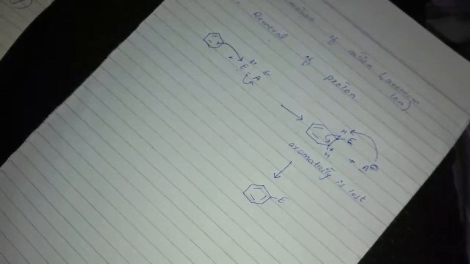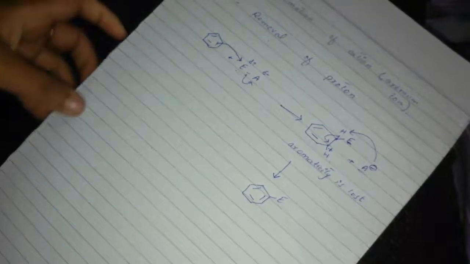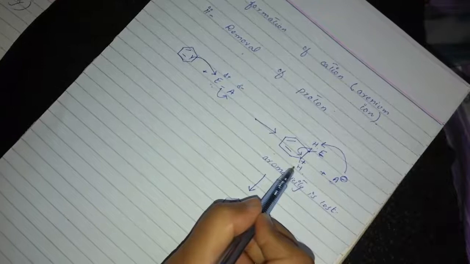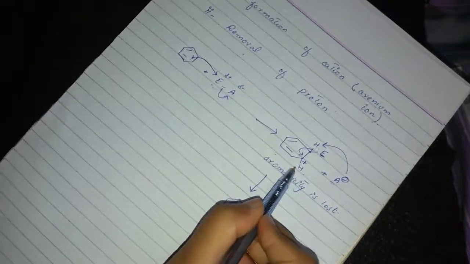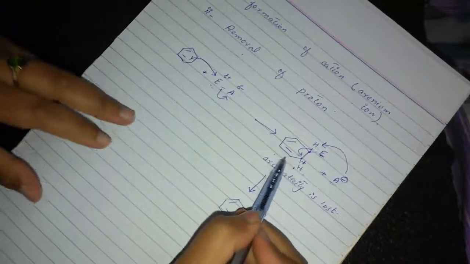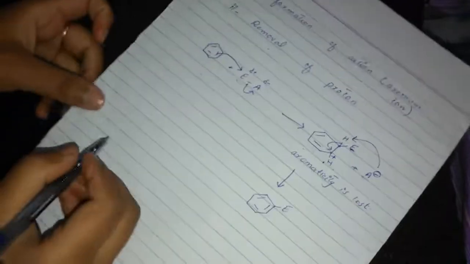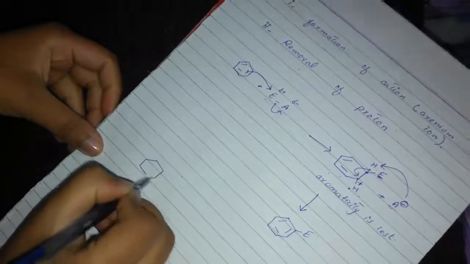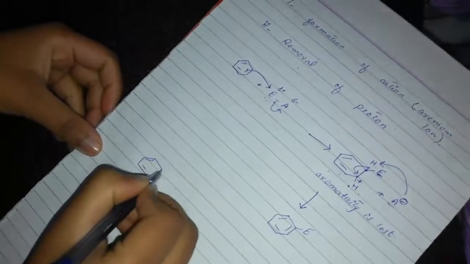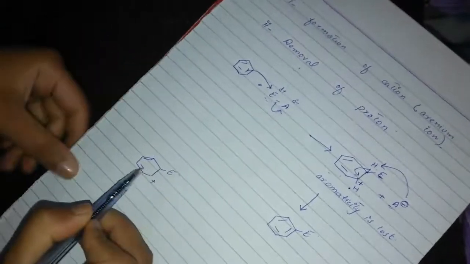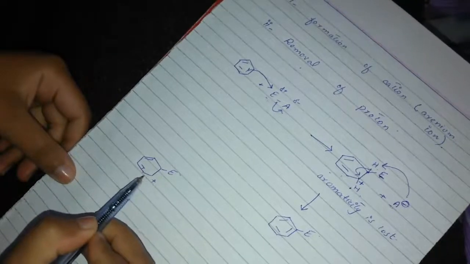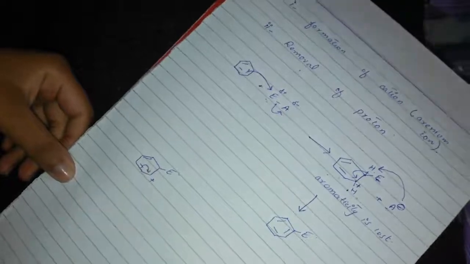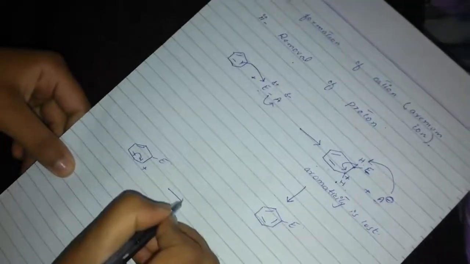Now we will see a little bit of explanation. The basic question is: is this species a transition state or an intermediate? The answer is that when the positive charge comes on this ring, the system undergoes different resonance structures, which can be explained by the Kekulé structures.